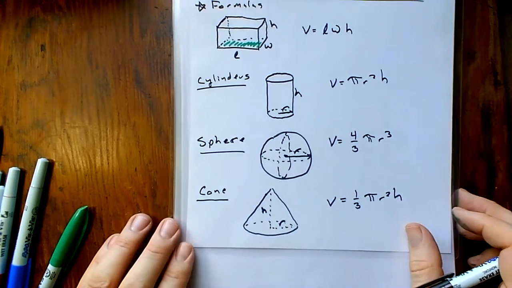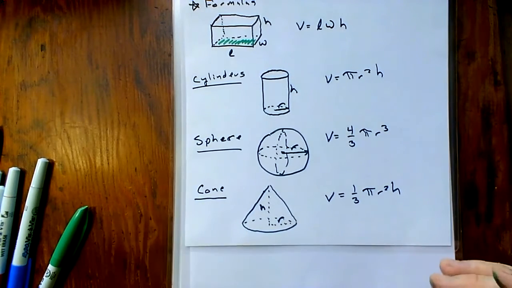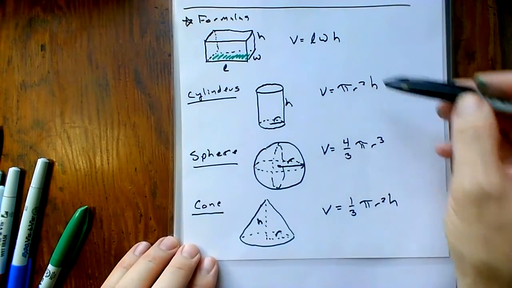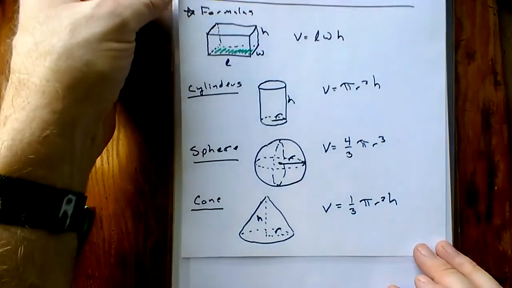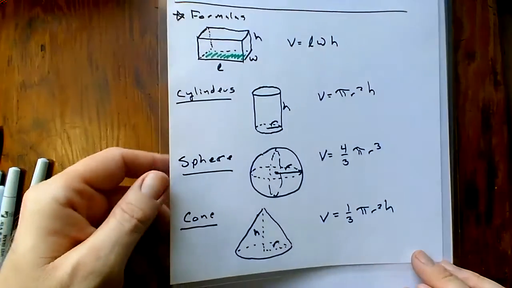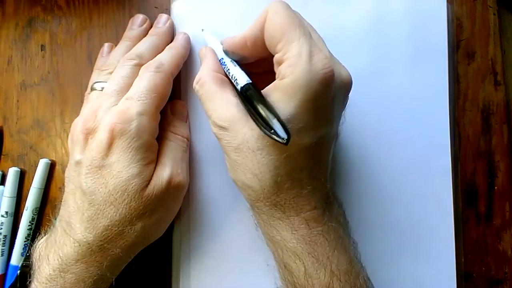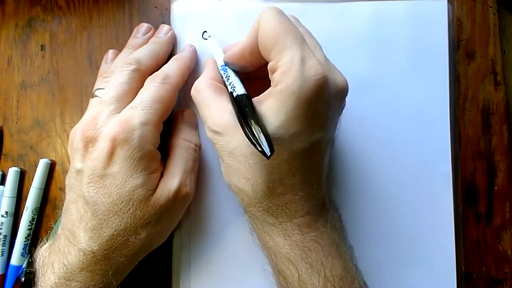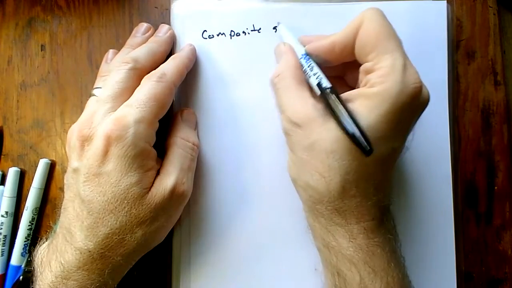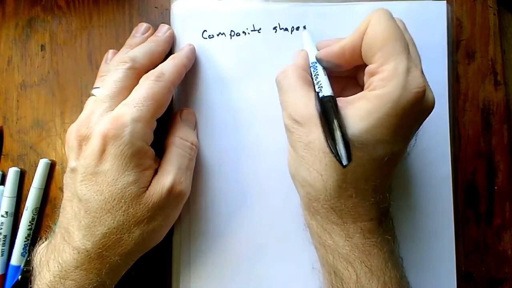Now let's talk about some of our strategies. Most of our strategies when we're dealing with volume or these three-dimensional shapes are going to be in how you break up a shape or how you split a shape. So things like composite shapes.